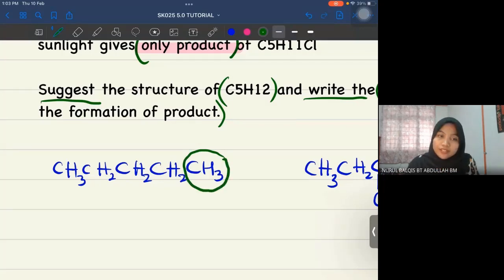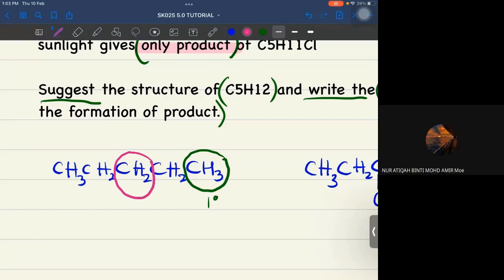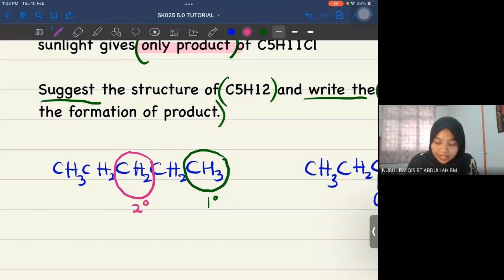Ni class of hydrogen dia apa? Primary, secondary or tertiary? Primary. Primary, so this is primary. Okay, kalau dapat pun primary lah kat sini. Lepas tu lagi satu kita ada secondary. So any other CH2 pun secondary, any other CH3 pun primary.